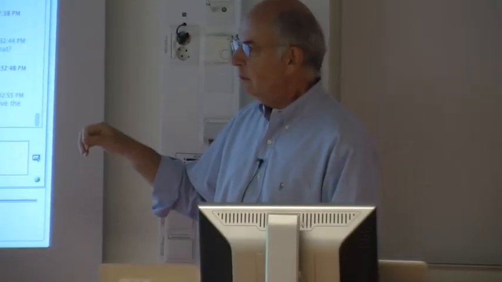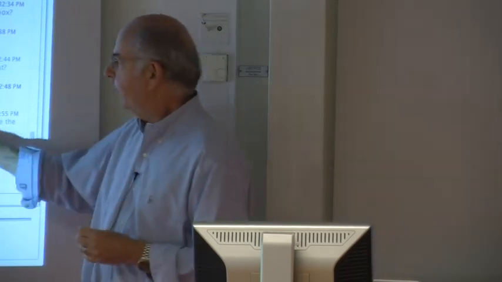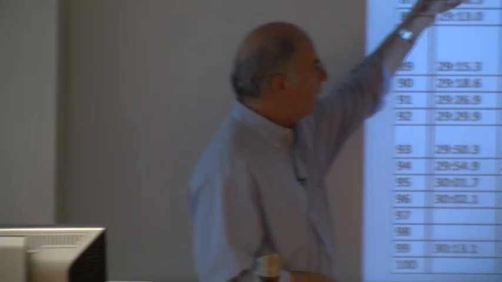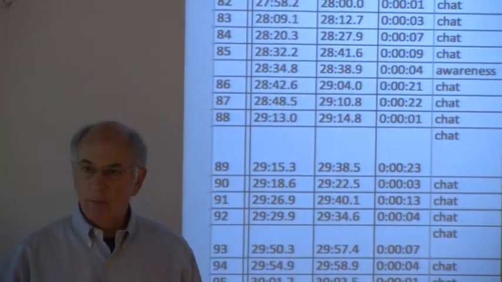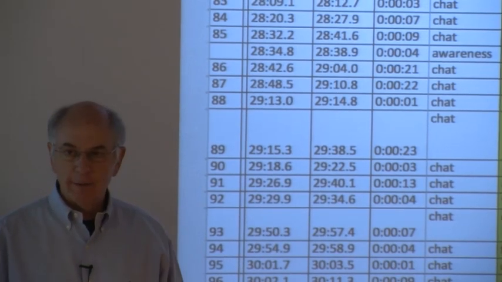In text, though, they can all be typing at the same time. So there is an overlap. If you look at the timestamps, one person may be starting while another person is still typing. So there's that different kind of overlap.